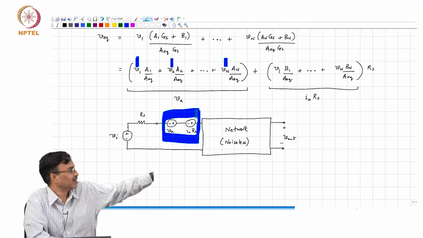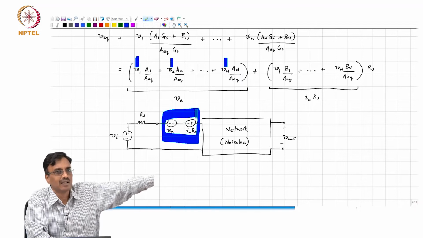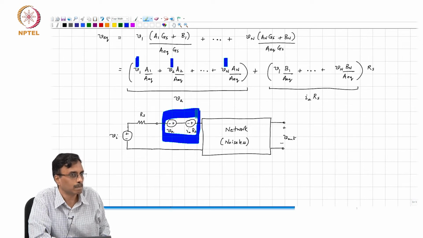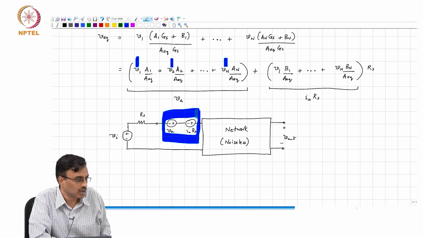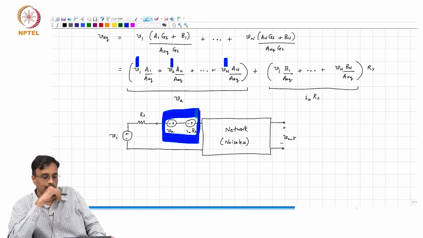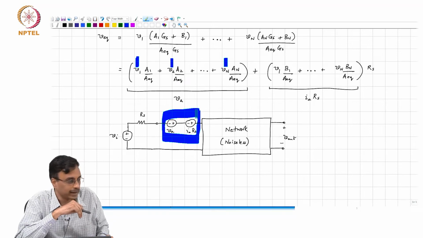Unless you consider pathological cases like input impedance being infinity, which doesn't exist in practice. Input impedance of a network being infinity only exists in the textbook. In reality there will be some capacitance between the input and ground, and so as Rs becomes larger and larger, the transfer function from Vi to Vo keeps falling down.